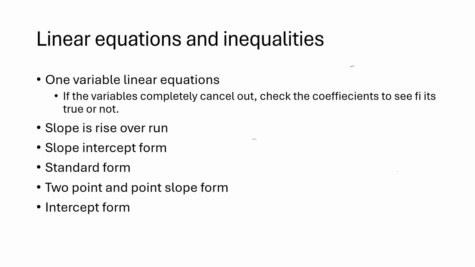Now if you continue reading this first line, it says, if the variables are completely cancelled out, check to see if the resulting statement is true or not. So I will show you two types of equations.